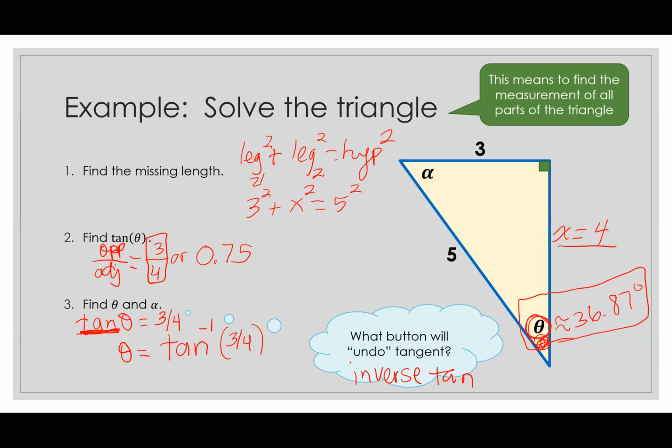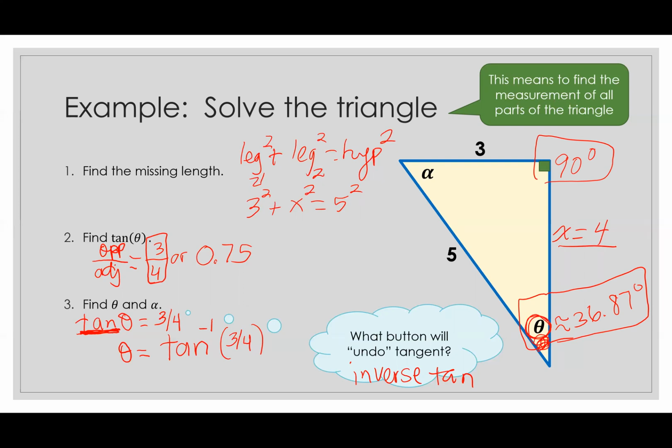Okay. Now, once you find theta, how do you find alpha? Remember that in a triangle, the sum of all the angles is 180, right? So we have a right angle, that's 90. And then we have the 36.87.